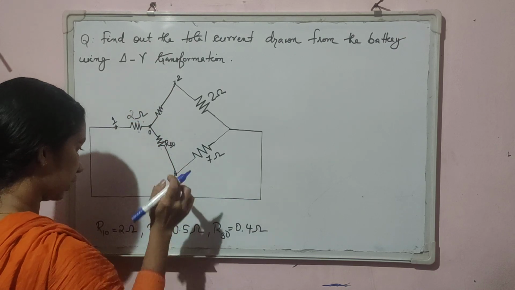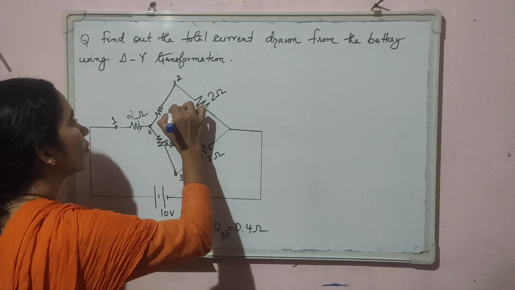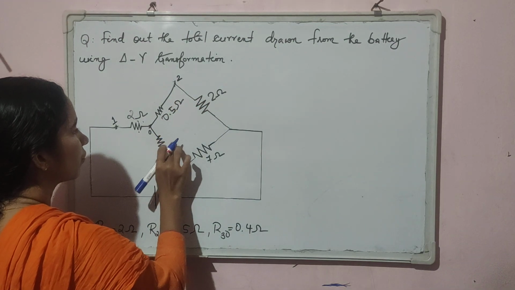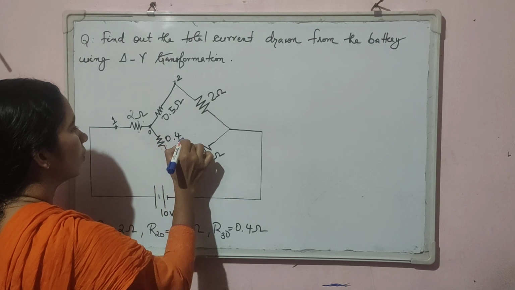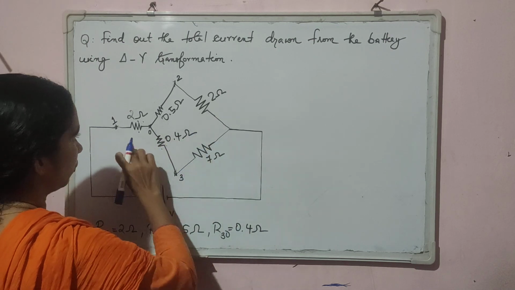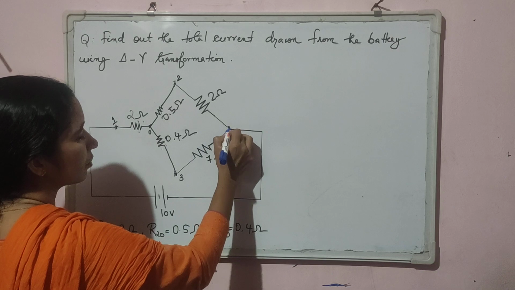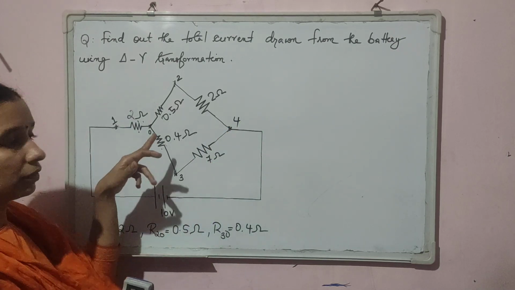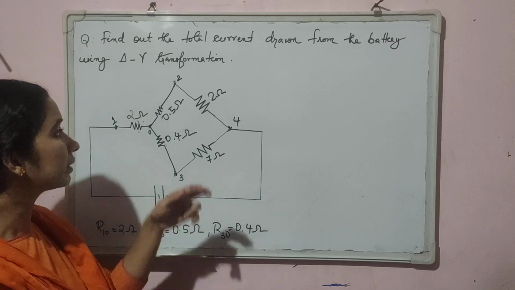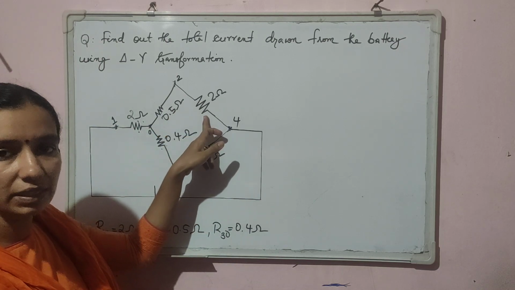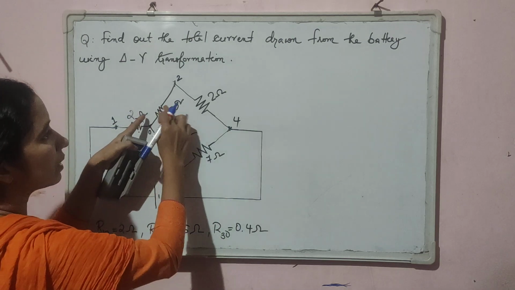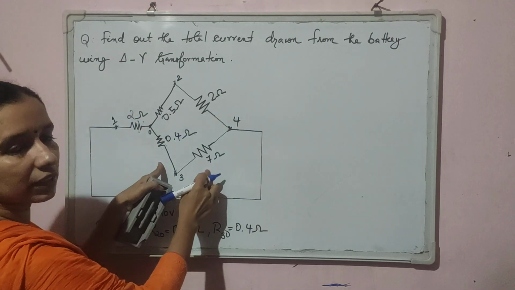Then R20 was 0.5 ohm and R30 was 0.4 ohm. We have 1, 2, 3, let us mark it as 4. Now from the diagram it is clear that these two resistors are in series and these two resistors are in series. Then this series connection is in parallel with this one.